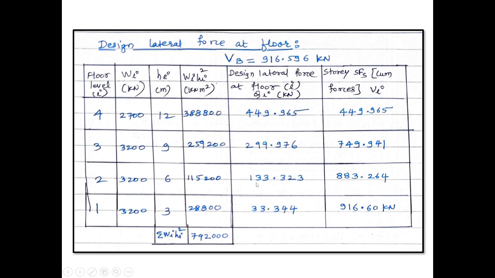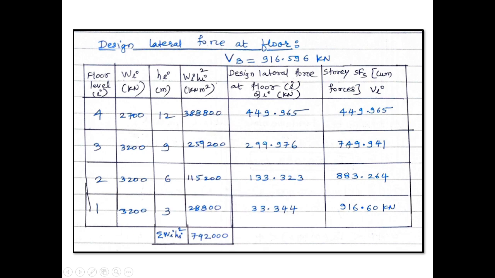Similarly, I will do it for the remaining 3 rows, and the final column is story shear forces, that is cumulative forces Vi. So here at the top, that is roof, it will be the same, 449.965, because that is the top floor, there is no floor above that. So I will just copy it here. Whereas for the third floor, it will be 449.965 plus 299.976.